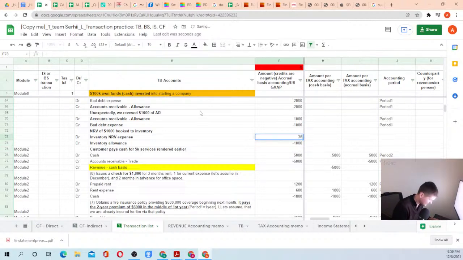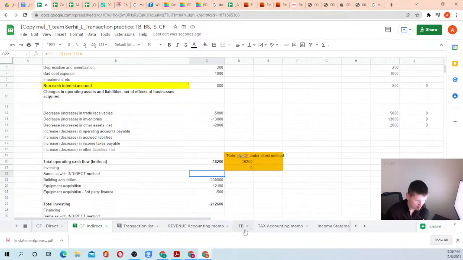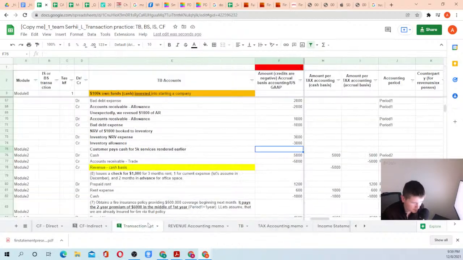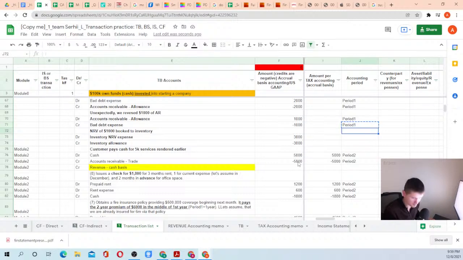Let's do 3000, just not to make it 1000 everywhere. So let's see if it reflected. Okay, it hasn't reflected in income statement yet because I didn't map it to the period.